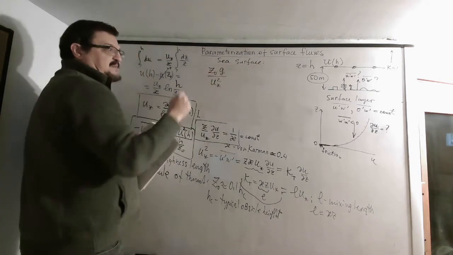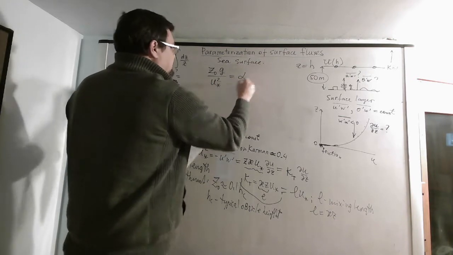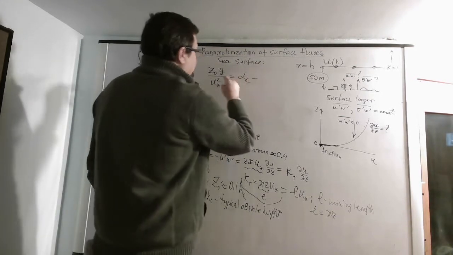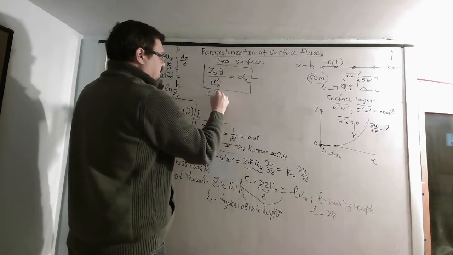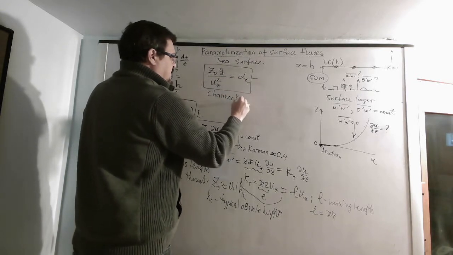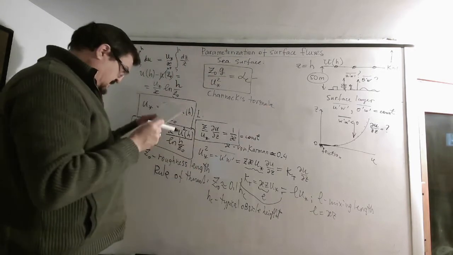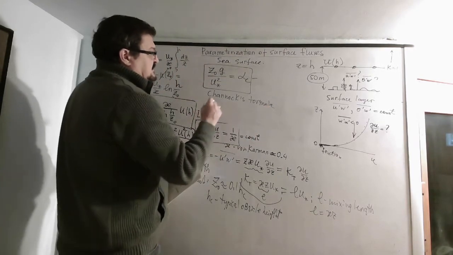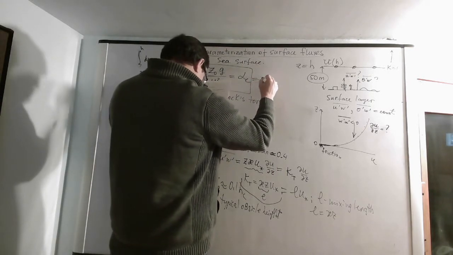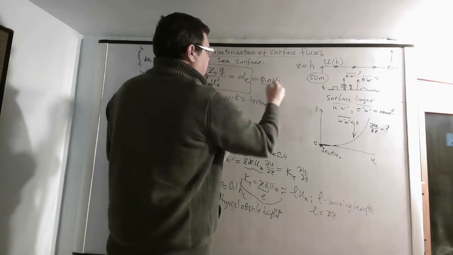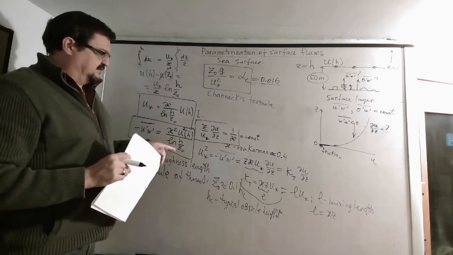Then this thing is dimensionless and it's constant. And this constant, alpha, is called the Charnock constant, and this formula is called the Charnock formula. And alpha equals, from observation, something like 0.016. And then you can compute your z naught that you use in this formula.